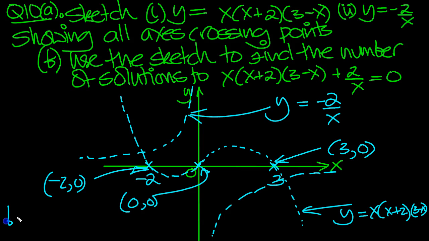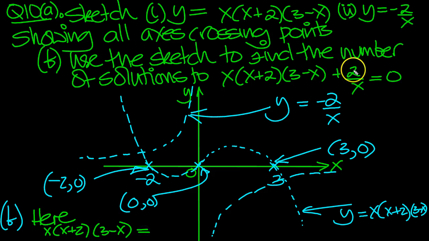So part B now. Let's have a look at this. Here we've got x, x plus 2, 3 minus x is equal to, and move this over the other side. So when do these two curves equal one another, intersect? 2 points. So I'll put it up here.